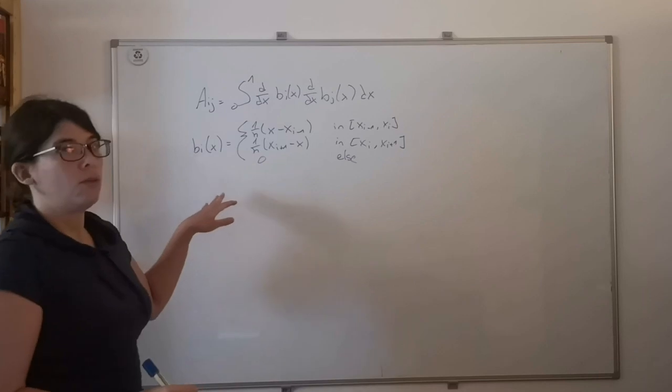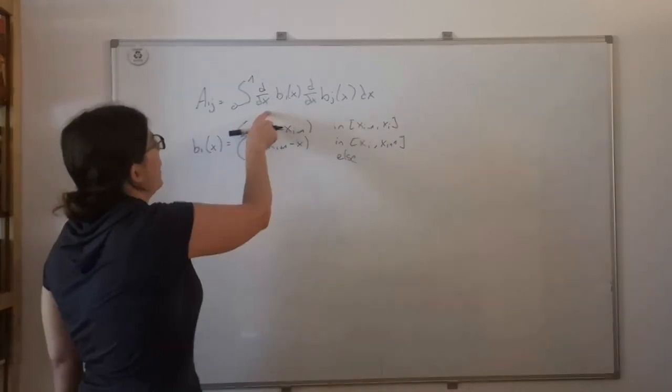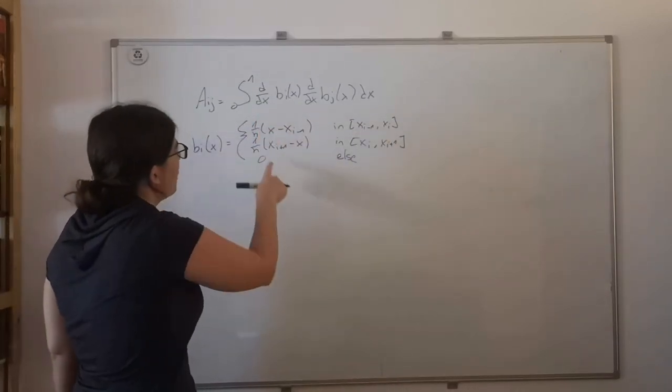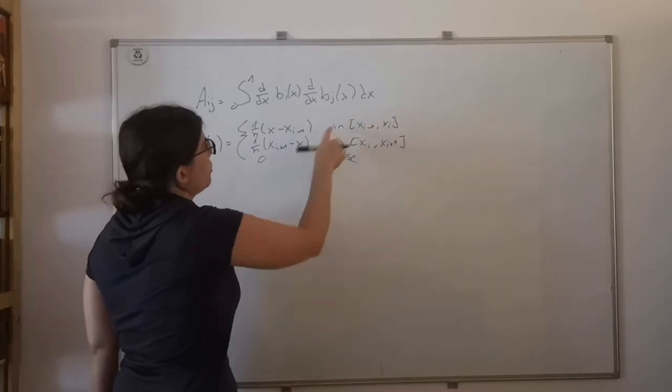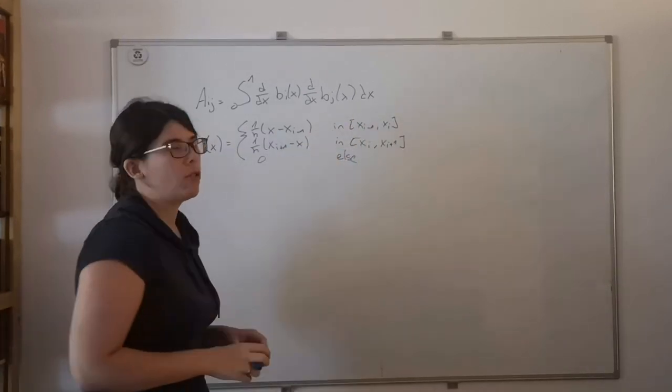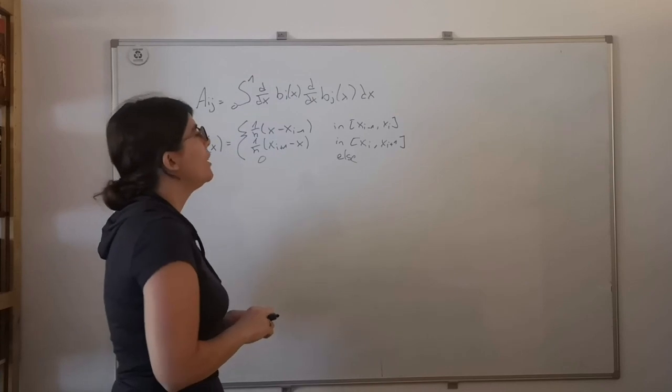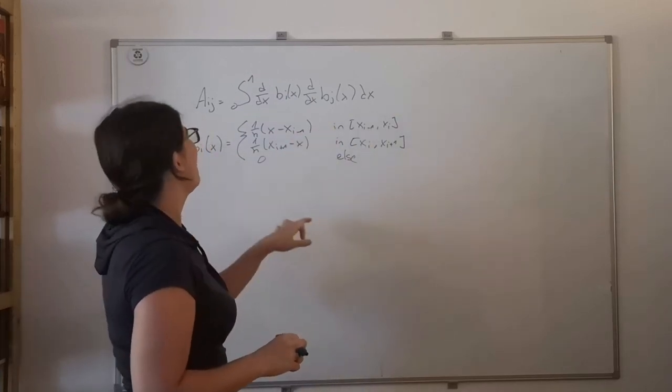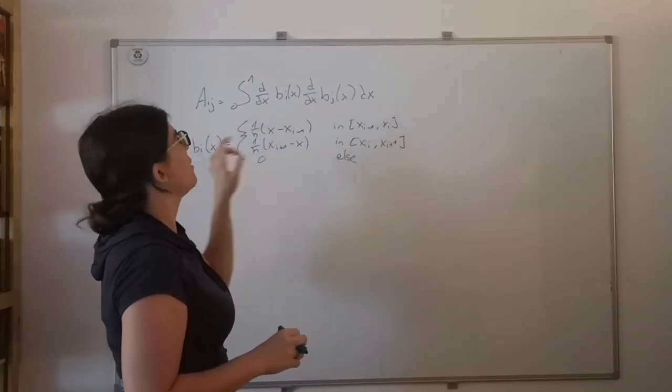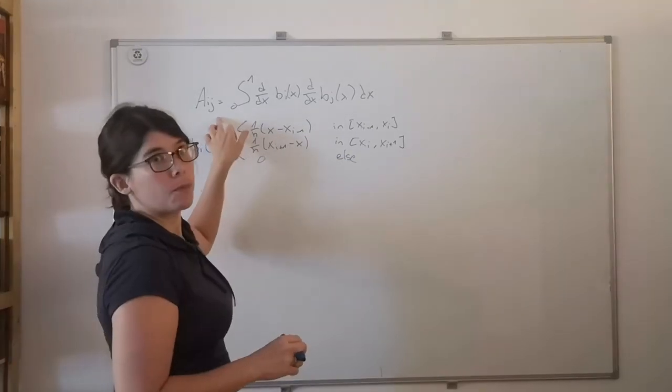So that was our basis functions, and now it's already quite easy to see that if the intervals at which the basis functions are non-zero never coincide for i and j, then a_ij will be 0.